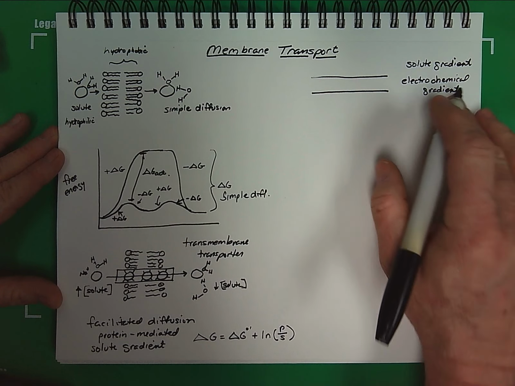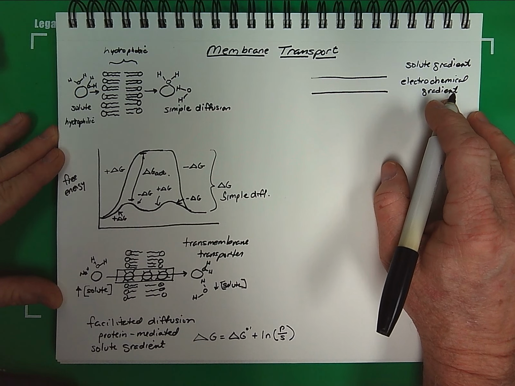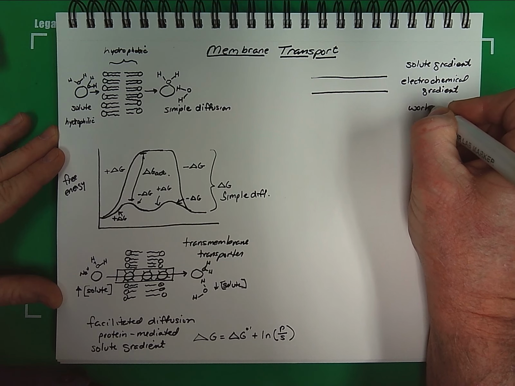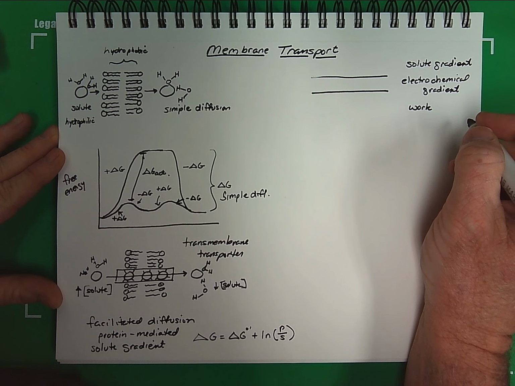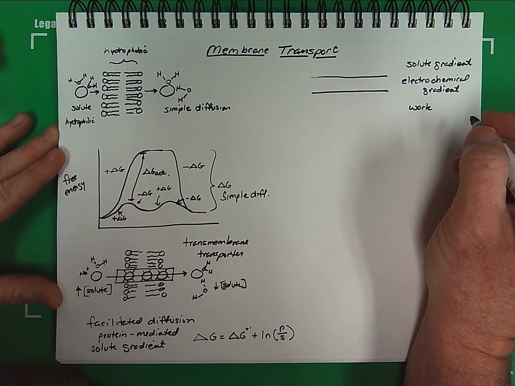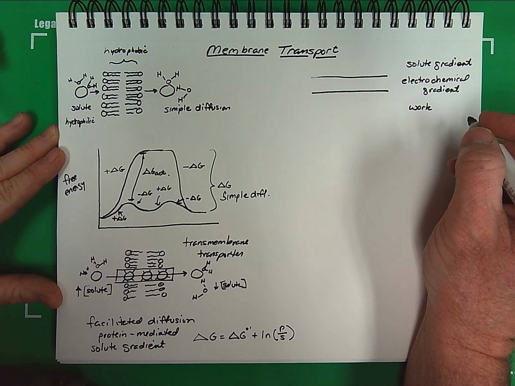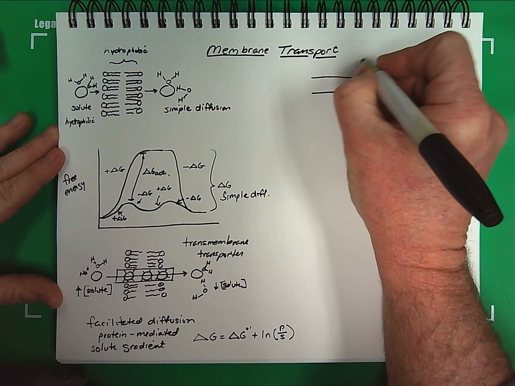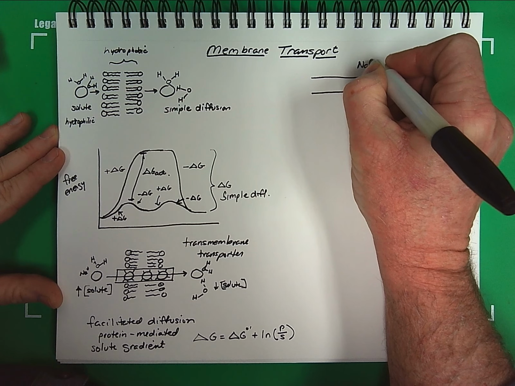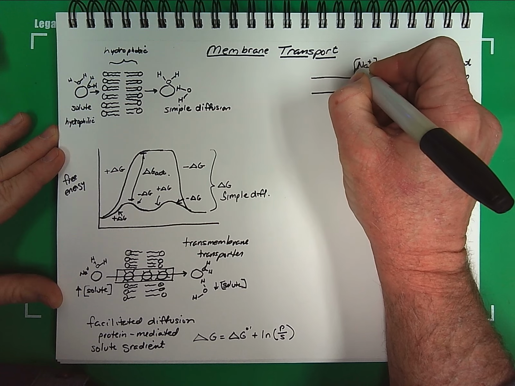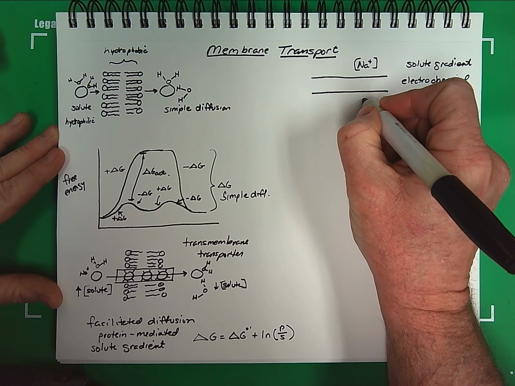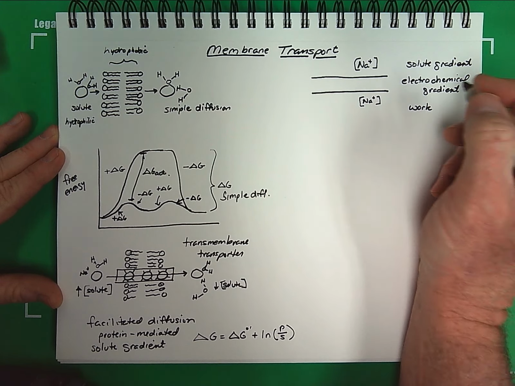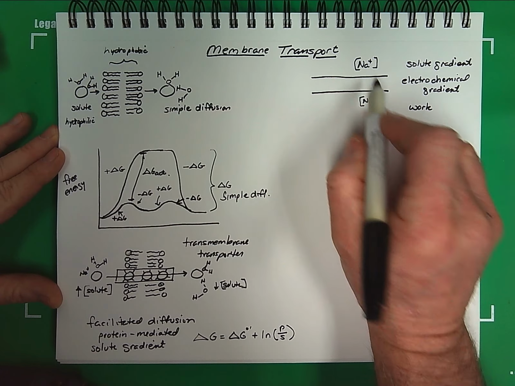The purpose of an electrochemical gradient is to establish a gradient to perform work. Now this is where we have to examine a little bit of physics. If we have solutes at a high concentration on one side of the membrane, for example sodium, and a low concentration on the other side, we have a chemical gradient.